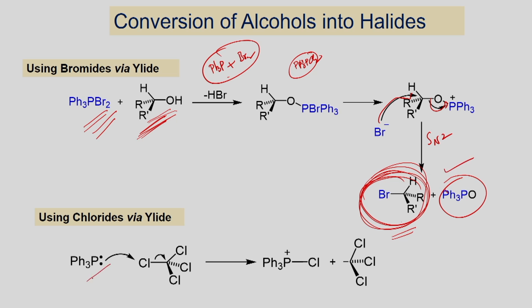Alternatively, you can react triphenyl phosphine with carbon tetrachloride as shown here, and you will be able to form this salt. Once you have this one, as we have just seen, you can also react it with alcohol.